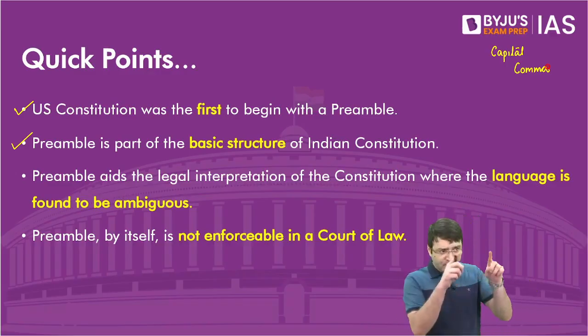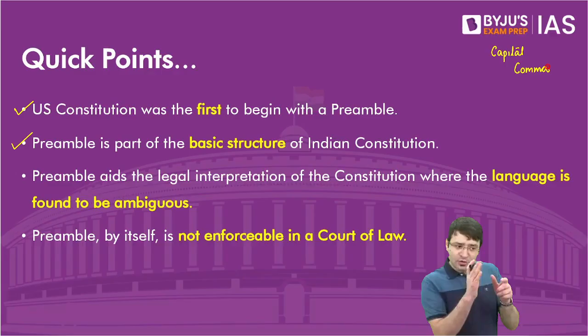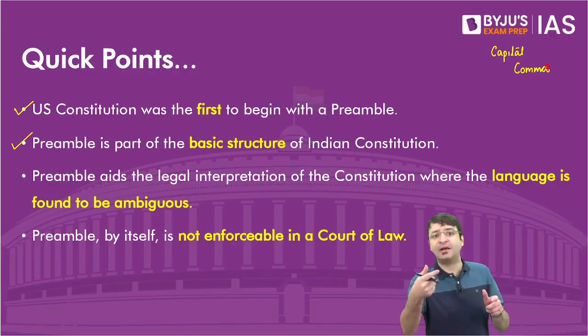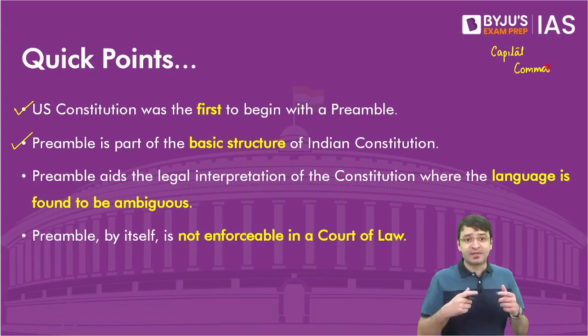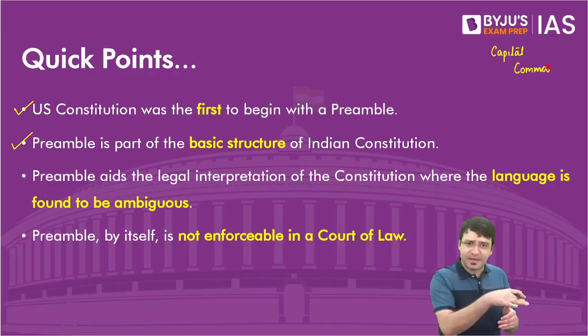which means when we look at this phrase, we have to look at it together. We can't say sovereign and socialist and secular and democratic and republic, which would give us a sense that sovereign is separate, socialist is separate, republic is separate.